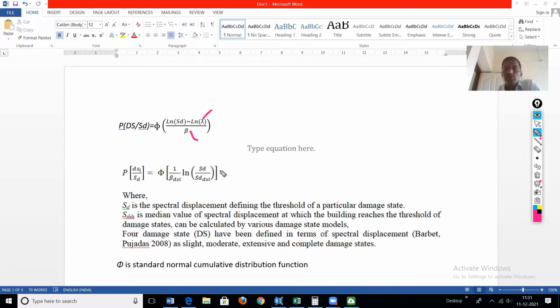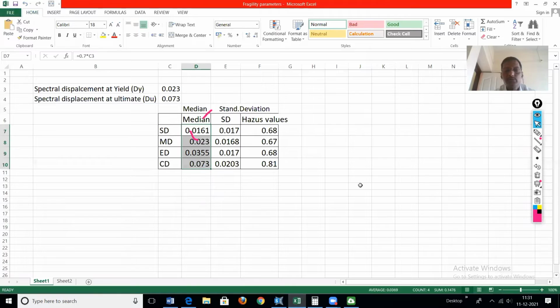Suppose we want to plot a fragility curve for the complete damage state. Then what should the lambda value and the beta value be? For the complete damage state, the lambda value will be equal to 0.073.